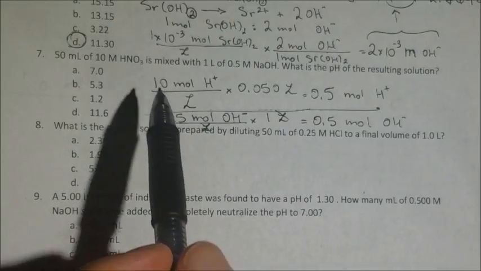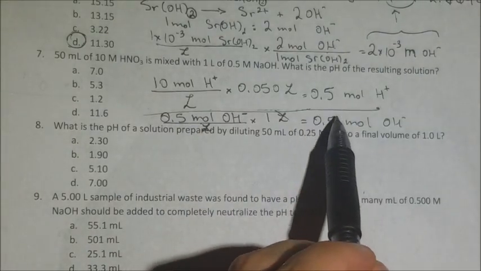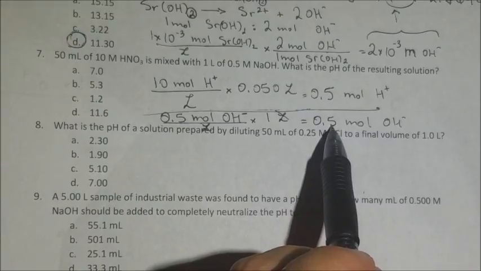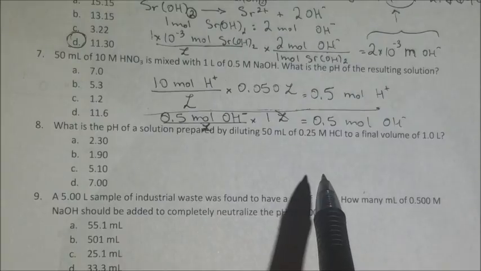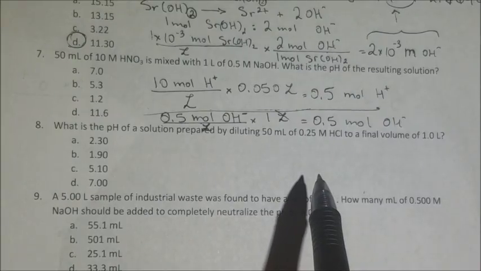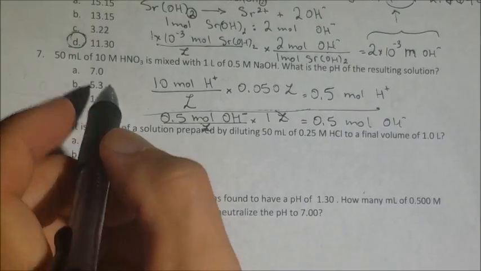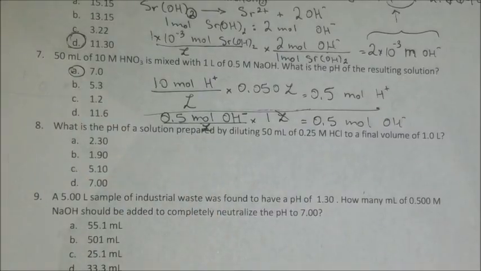And here we're doing exactly the same thing. So we've added the same number of moles of base as there was acid, and the two neutralized each other out completely, so there is not an excess of either one, and the pH turns out to be 7. So A is the correct answer for number 7. How convenient.